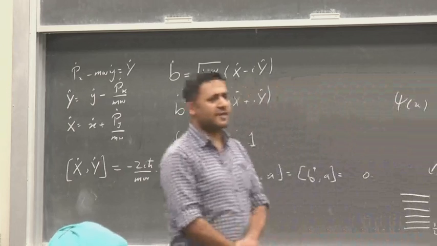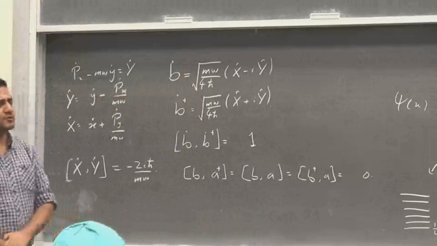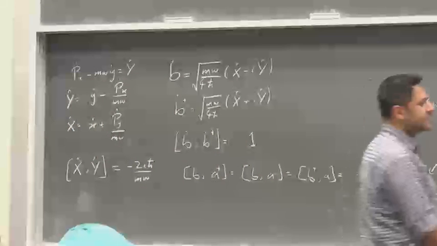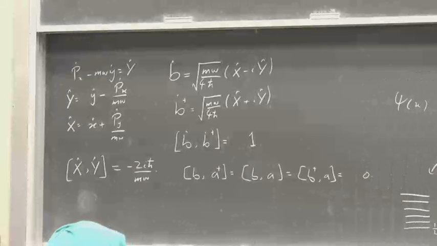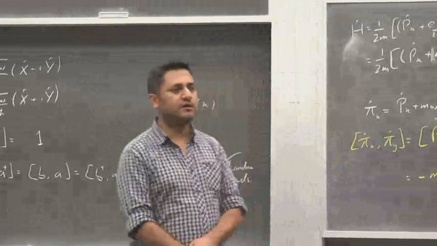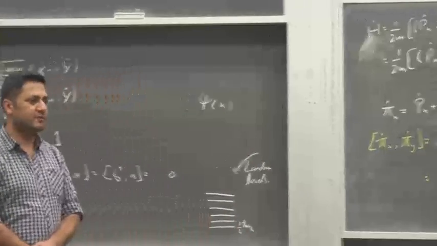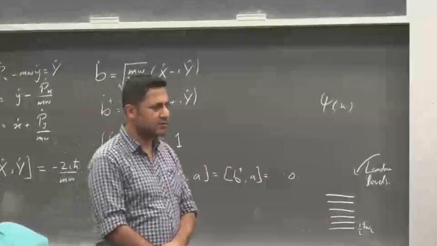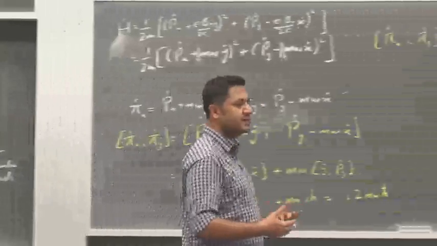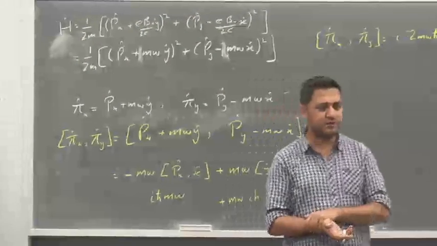So what's happening is, suppose you start with, you consider just a one-dimensional system. Then X and P give you a complete set of observables. In terms of them you can write all the wave functions and stuff.